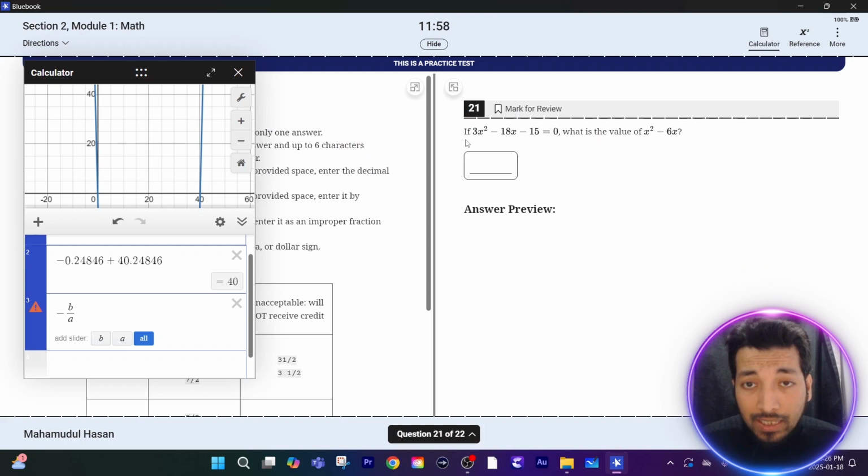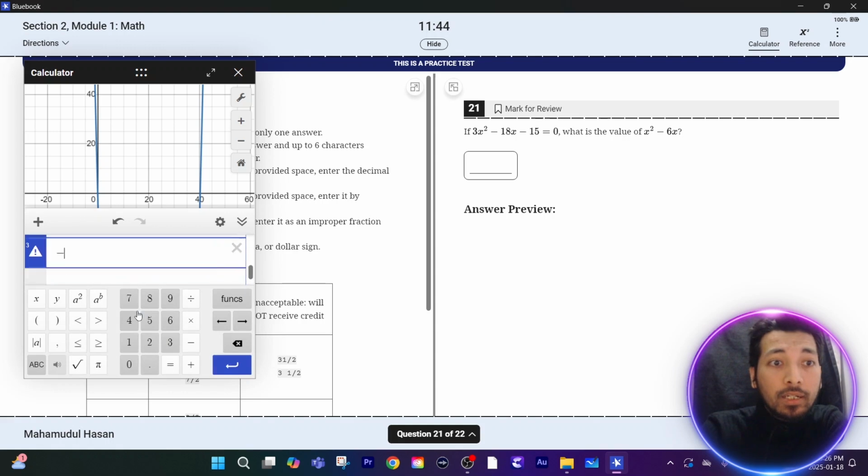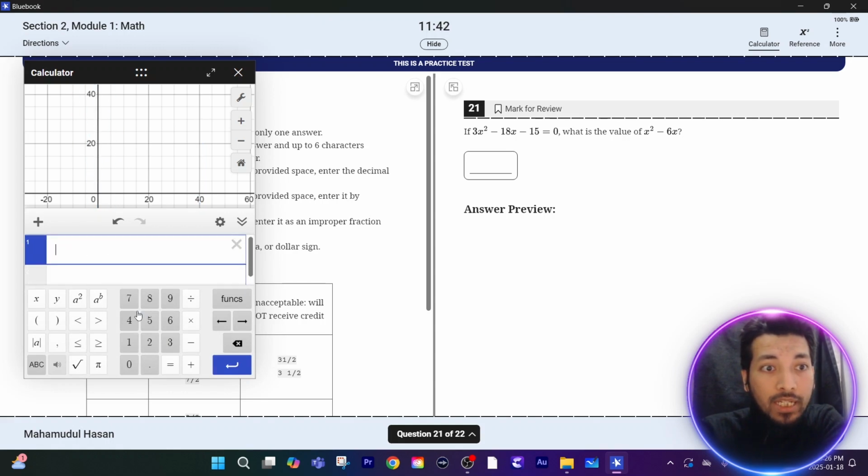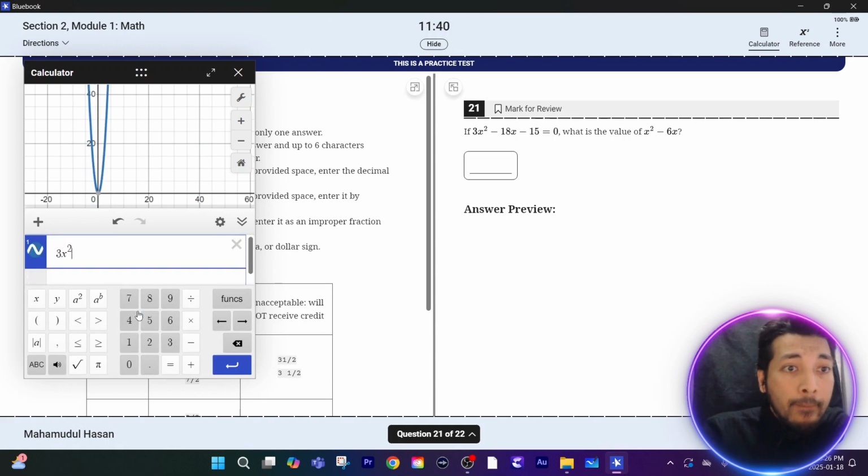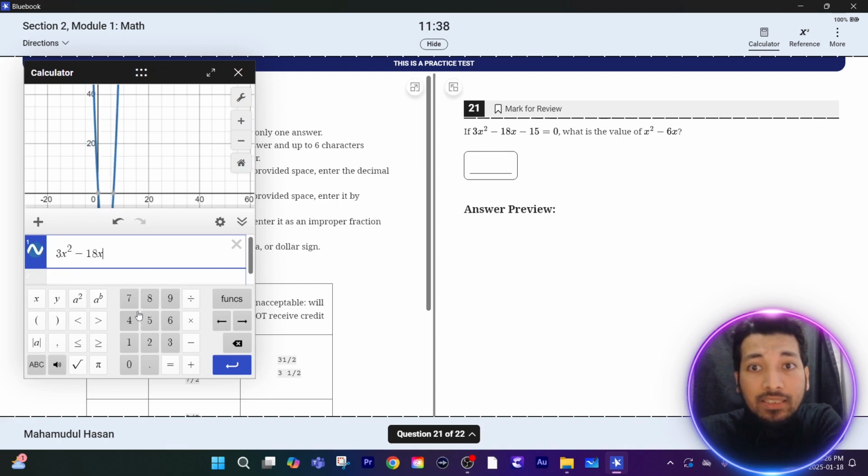Okay, let's look at this problem here. We have: if 3x squared minus 18x minus 15 is equal to 0, what is the value of x squared minus 6x? A little bit complex one. Let's see. What we can do over here, we know that 3x squared minus 18x minus 15 is equal to 0. We can move the 15 to the right side.